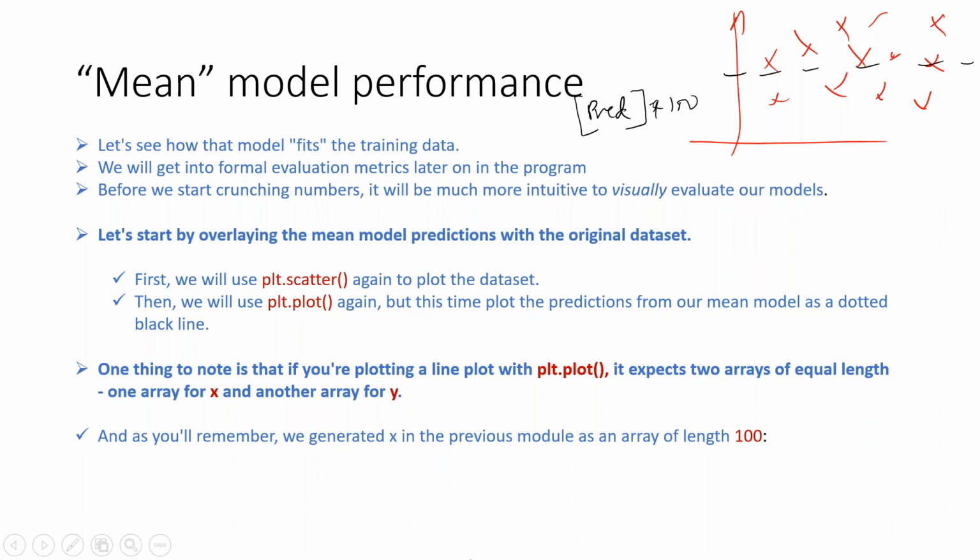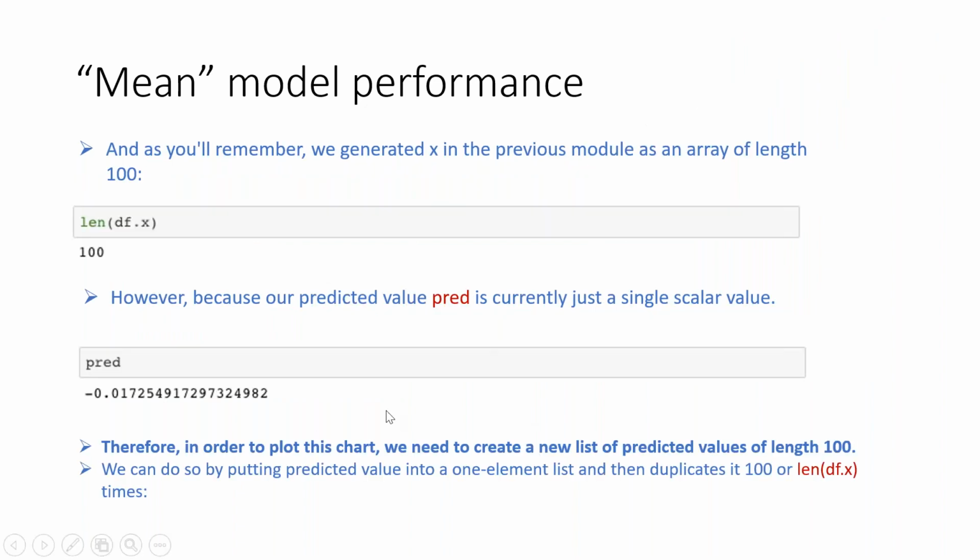Then only it will plot like this. Otherwise, it will give an error. So let us do that. Basically, I'm checking the length of df.x, and it is 100. We know the x column has 100, whereas our pred has only one. Therefore, in order to plot this chart, we need to create a new list of predicted values of length 100.